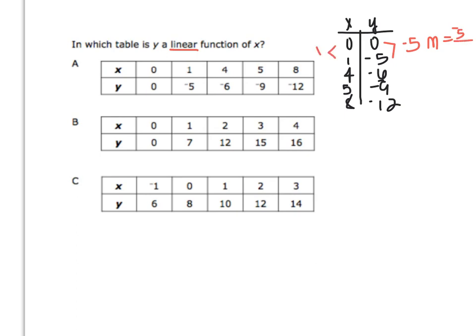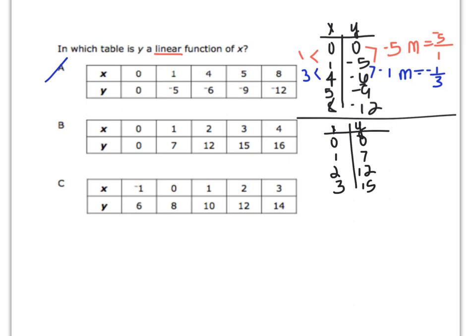Over from 0 to 1 is an increase of 1. Next slope from -5 to -6 is a decrease of 1. From 1 to 4 is an increase of 3, so my slope is -1 over 3. Those aren't the same slope. I don't need to keep going. I already know it's not the same slope, which means it's not linear.